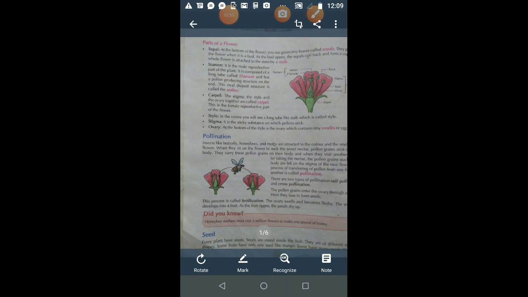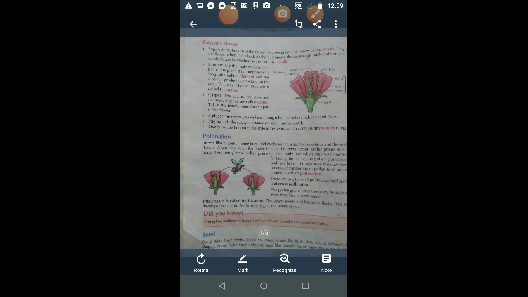Now when we study a flower, a complete flower consists of two different parts: vegetative part and reproductive part. What are the vegetative parts of the flower? Petals and sepals are the vegetative parts of the flower. And what are the reproductive parts of a flower? Stamen and carpel.